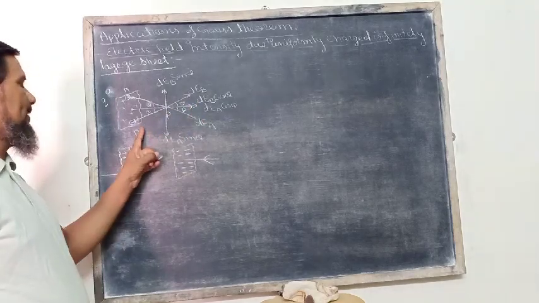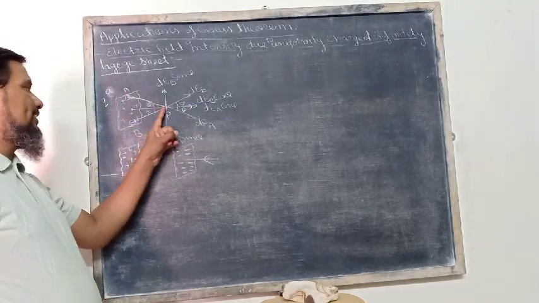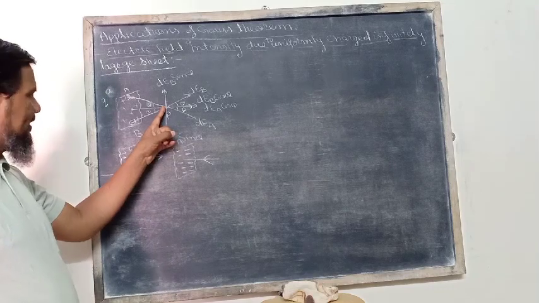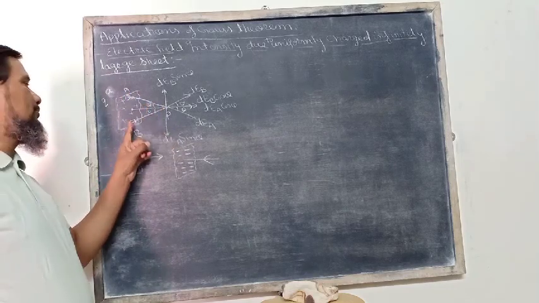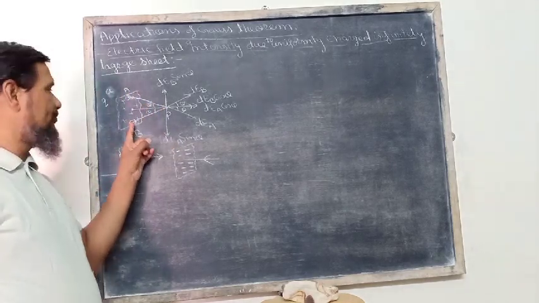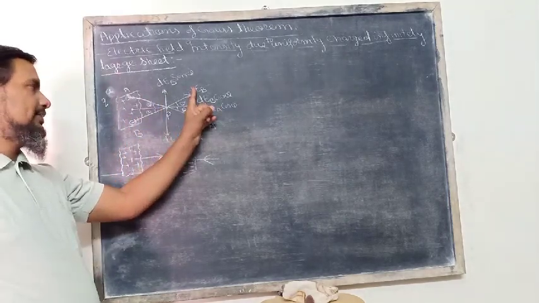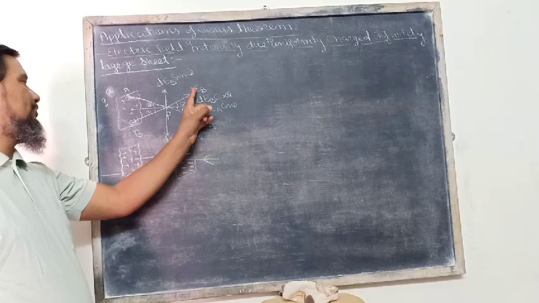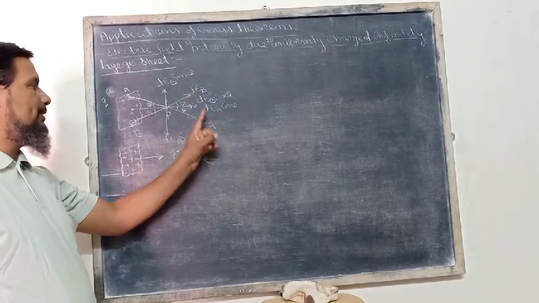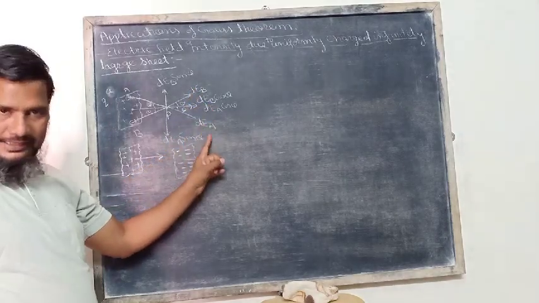Again I am explaining. First we consider a point P at a certain distance R, then we consider two element areas A and B, and the electric field intensities due to element areas A and B are DEB and DEA.